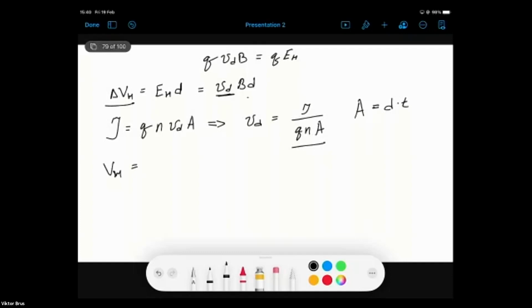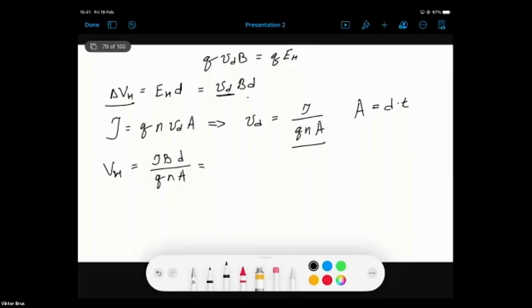So this Hall voltage will be equal to electric current times magnetic field times D divided by Q, N and A. Here we have electric current divided by the cross-section area, which is nothing else than the current density.